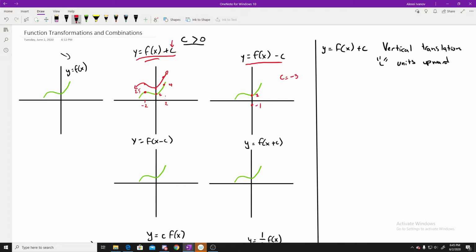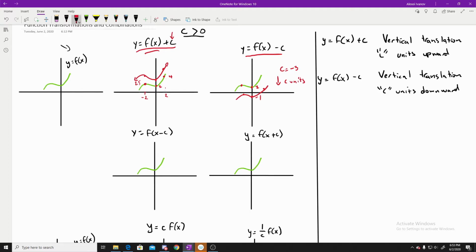So we will get to -1. We can do this for almost any point. This point will likely be down here. This point might be up here. And so we will get the same looking graph, just moved downward c units. So we can conclude that y equals f of x minus c is a vertical translation c units downward.